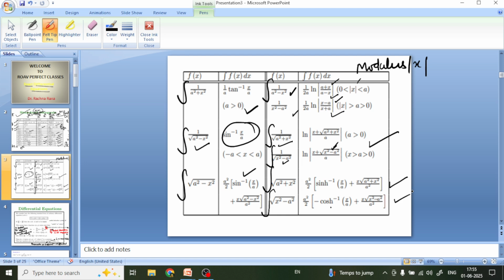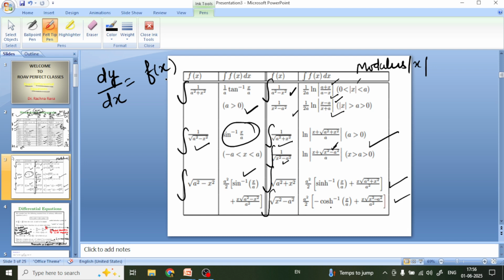Now I am going to tell you about differential equations. A differential equation is represented by dy over dx equal to a function of x. A differential equation is an equation which contains one or more terms and the derivative of one variable, that is the dependent variable, with respect to another variable, that is the independent variable.